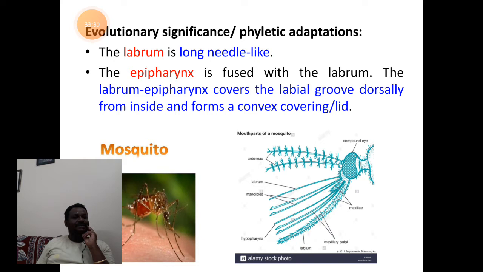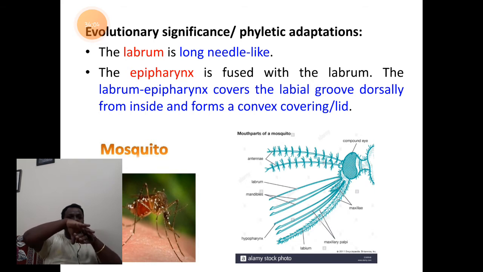The second part, epipharynx. It is a long needle-like structure fused with the labrum. Now, the labrum epipharynx covers the labial groove dorsally from inside and forms a convex covering lid. Students, you should imagine here, labrum is a long needle-like tubular structure, tube-like.